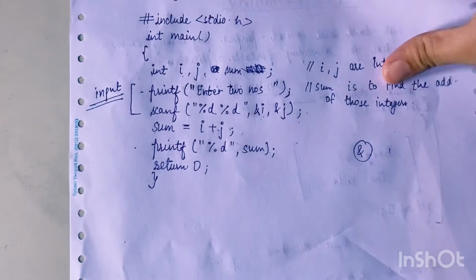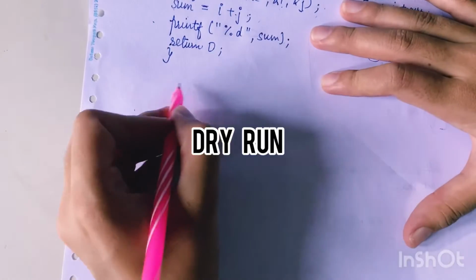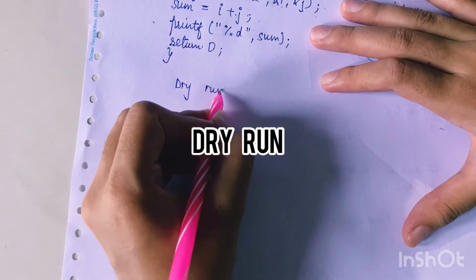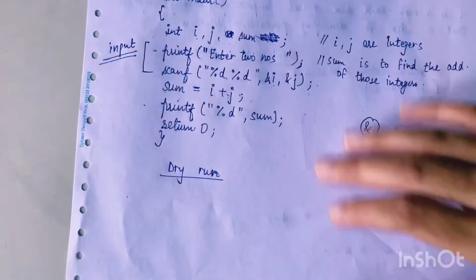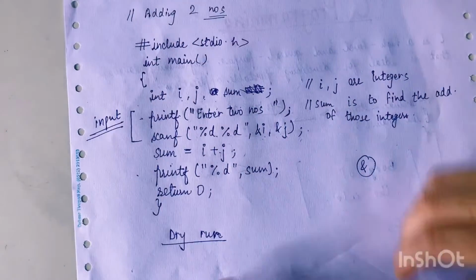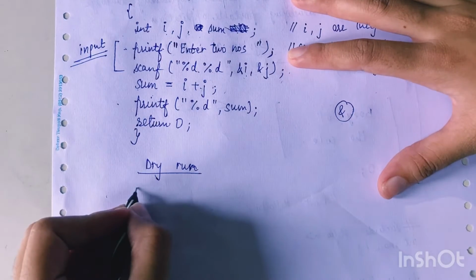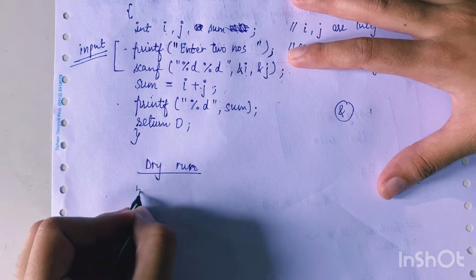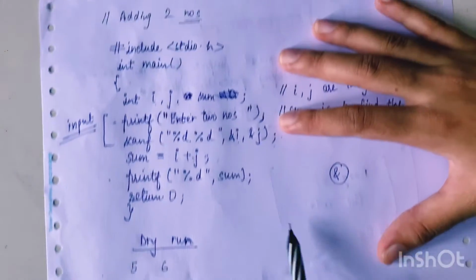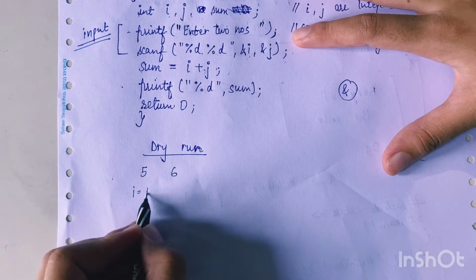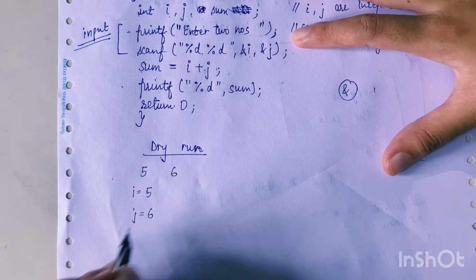Now we will dry run this code. For the dry run, we have int i, j. We will input two numbers. Suppose the user is inputting 5 and 6. So i will have value 5 and j will have value 6.